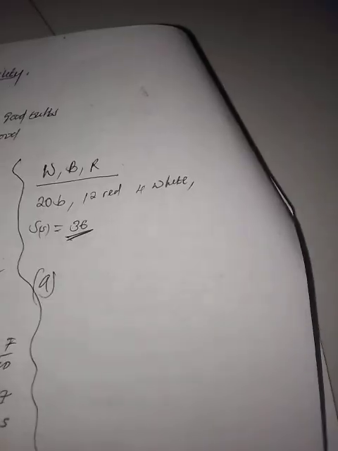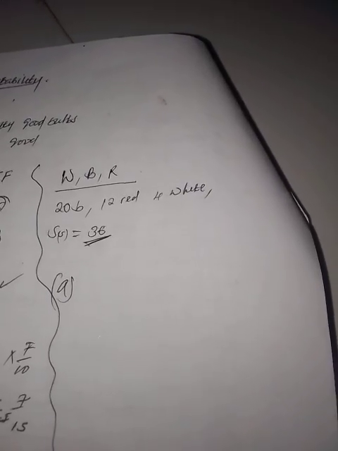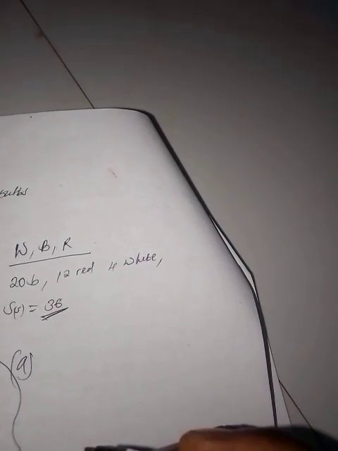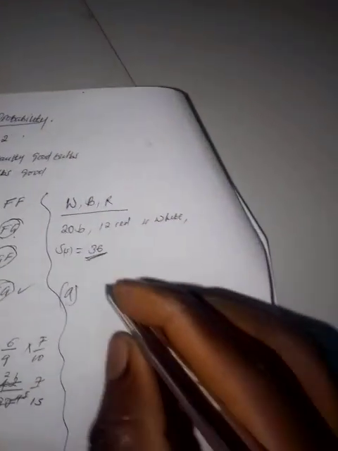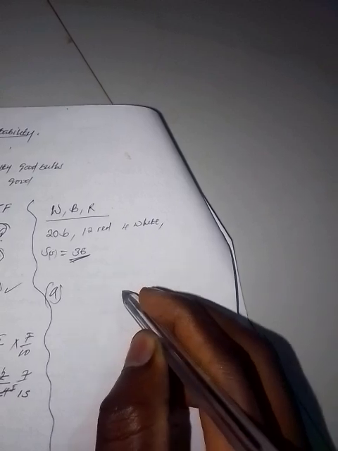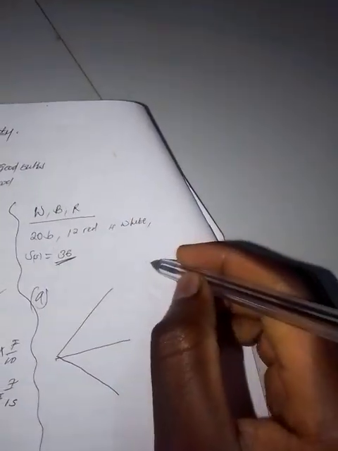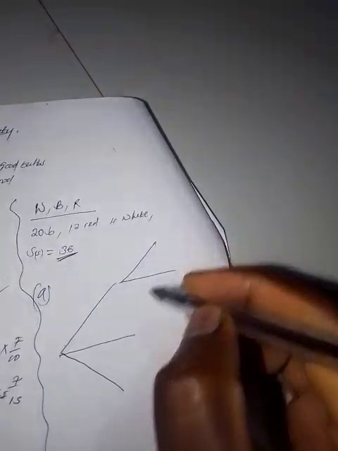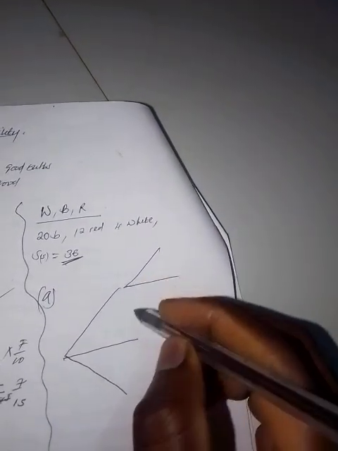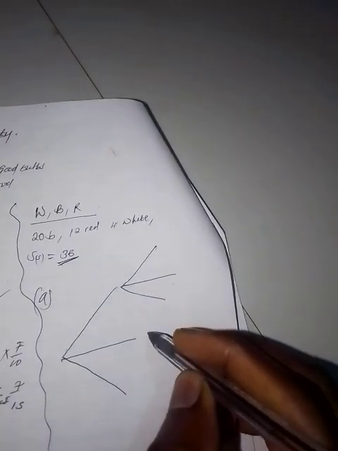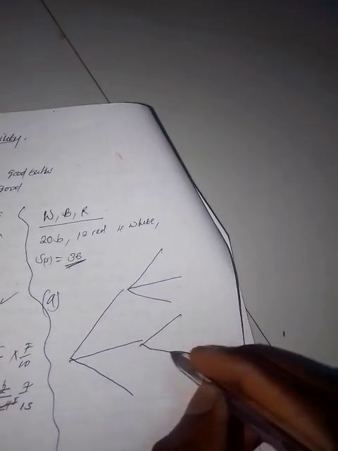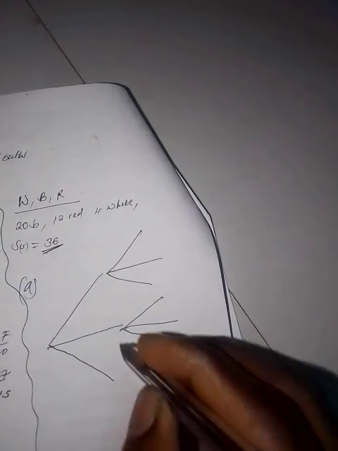They're saying A. Draw a tree diagram. So we're going to have a tree diagram that will look like this, which will have 3 branches.